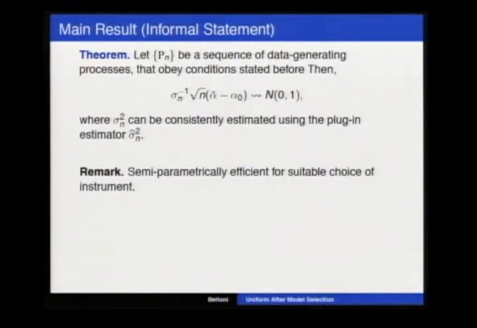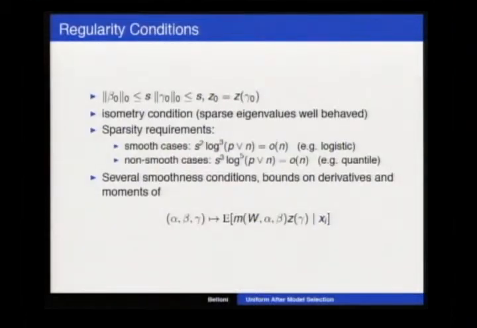In the end of the day, the main result is precisely asymptotic normality that holds uniformly for data generating processes that satisfy this condition. So in smooth cases, that would be logistic regression, least squares, essentially you need the sparsity squared times log cubed p to be little o of n.